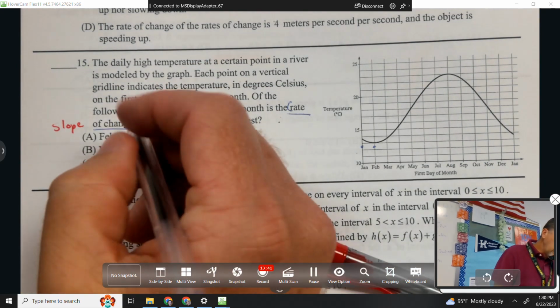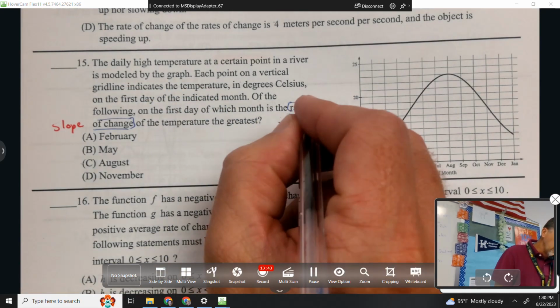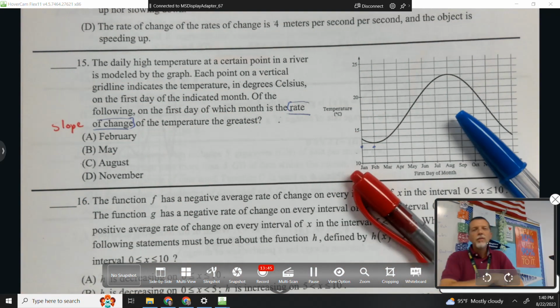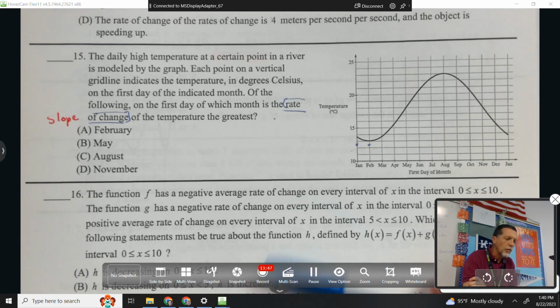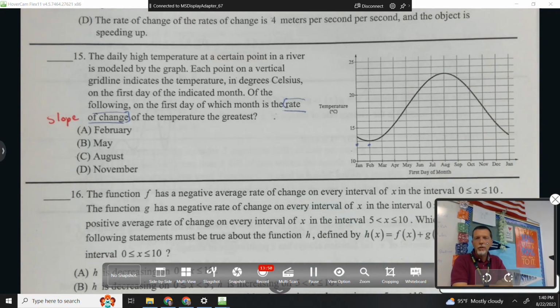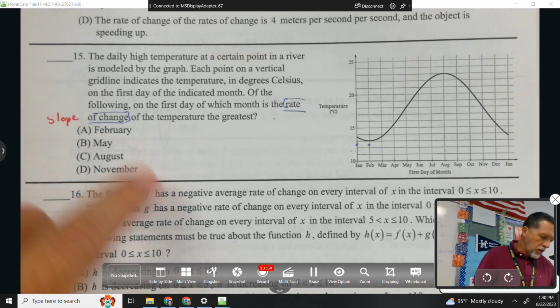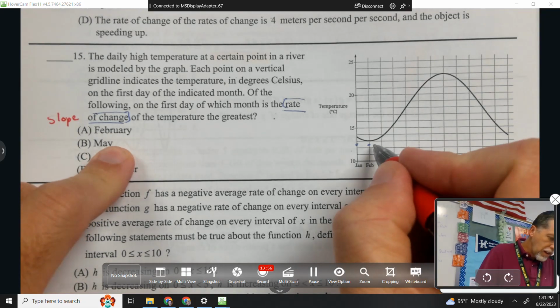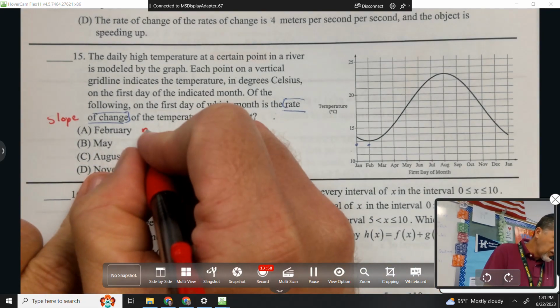Now, we can't officially say slope of a curved line because that kind of doesn't really make sense, but we say slope because it's easier to think about, we're more familiar with it, and it's a little easier to work with. So I want the slope to be the greatest. So February slope, what do we think the February slope is?